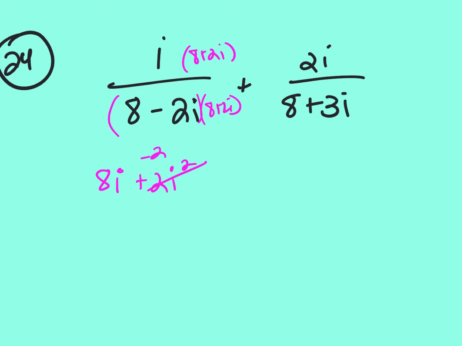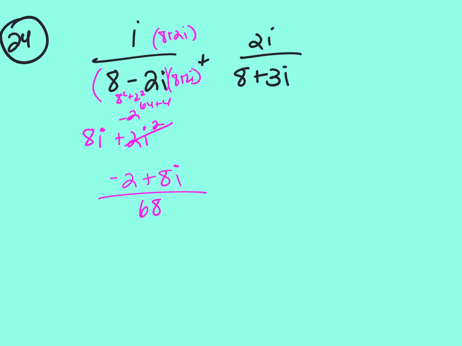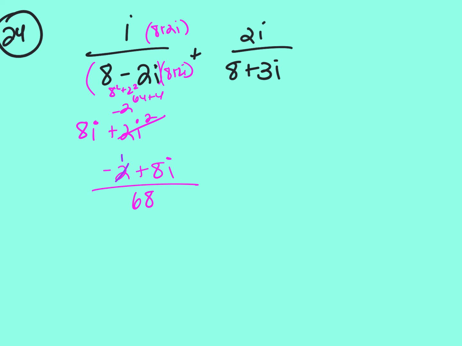This becomes minus 2. So I get negative 2 plus 8i over, shortcut here, 8 squared plus 2 squared, 64 plus 4, so 68. And go a step further because they're all divisible by 2. 1, 4, 32. So negative 1 plus 4i over 32 is the first one.